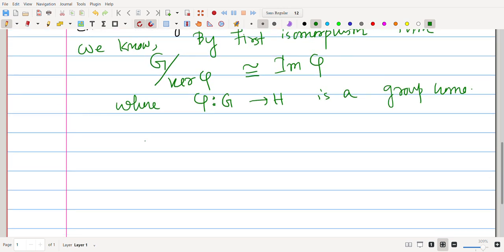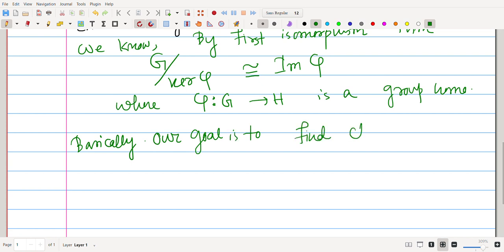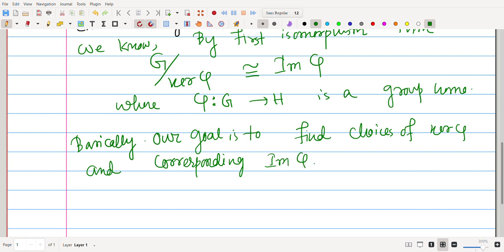So basically our goal is to find the choices of the kernel and the corresponding image so that we can compute.